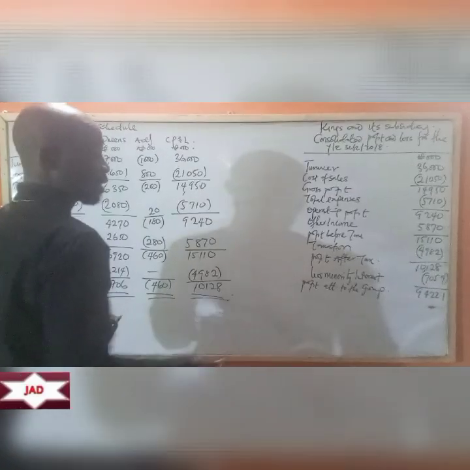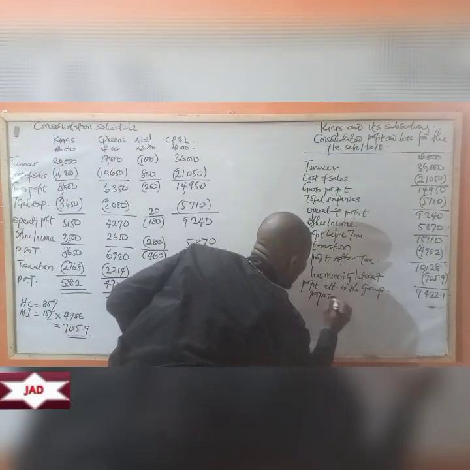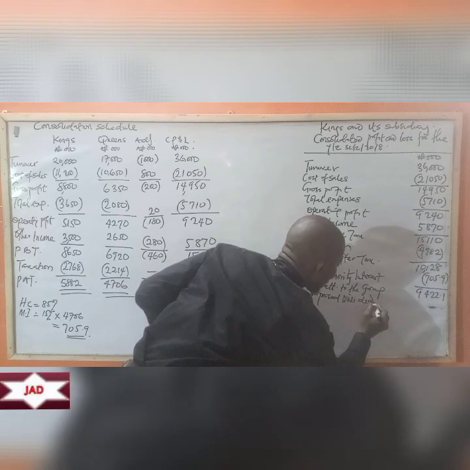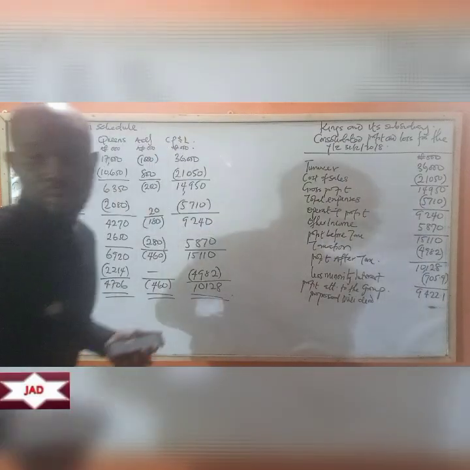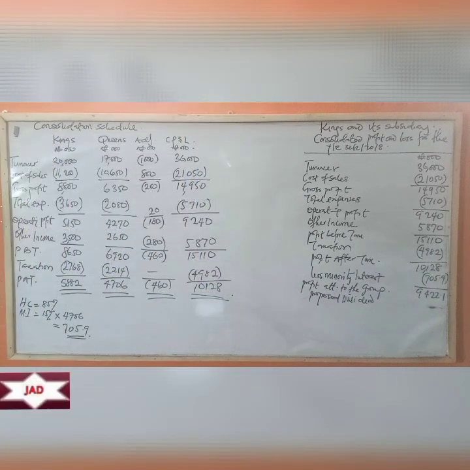So now we can pay dividend because say proposed dividend. So what's dividend according to the question? For the holding company, remember 2647.